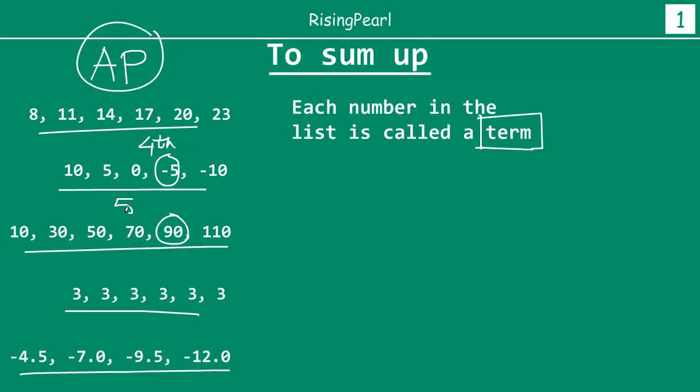So this number 90 is the 5th term in this series. Similarly, this is the 2nd term in this series, and this would be the 1st, 2nd, 3rd, 4th term. So each number within a list or a series is called a term.